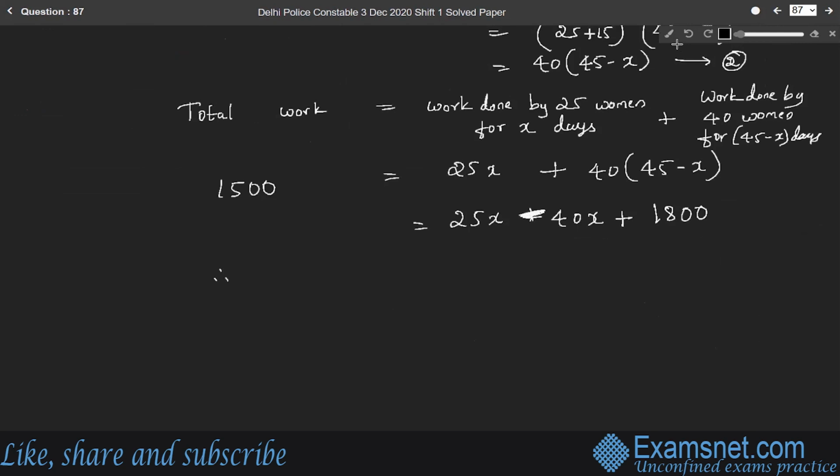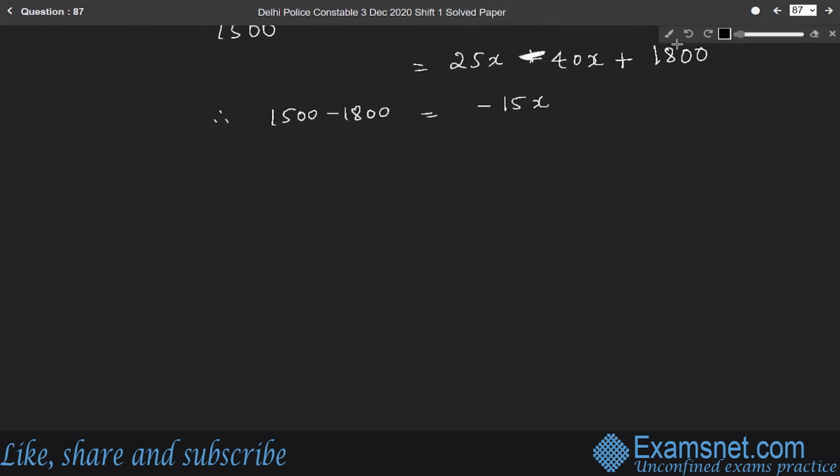Therefore, 1500 minus 1800 is equal to minus 15X. Therefore, 15X is equal to 300. X is 300 by 15, which is 20.